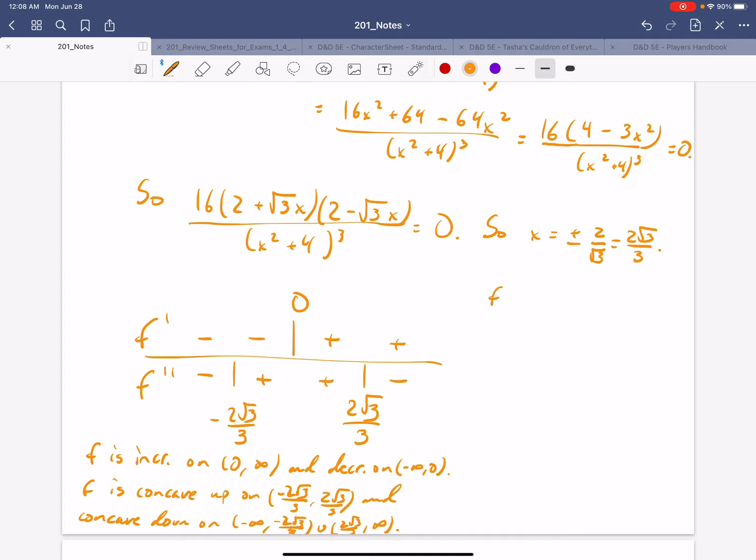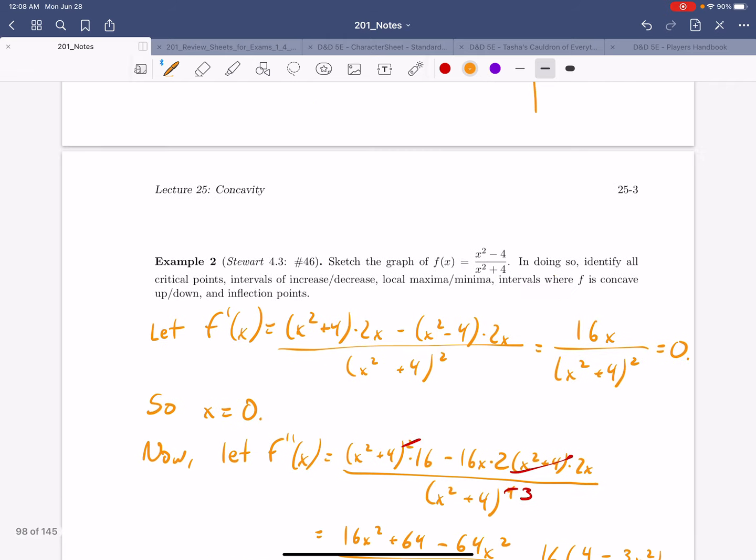f has critical point 0, comma, was that negative 1?